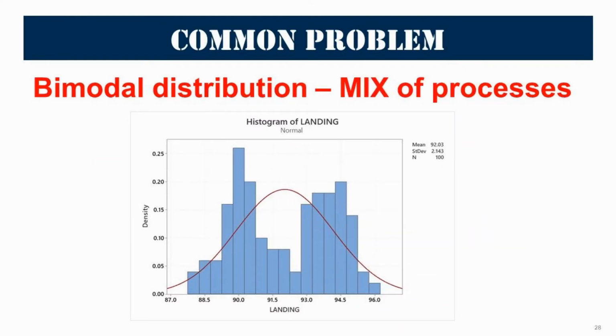One very common problem that we are going to face when we see the data is the bimodal distribution. We can suspect that we have a non-normal distribution when you have these two mountains, the shape of the histogram is like two mountains together.